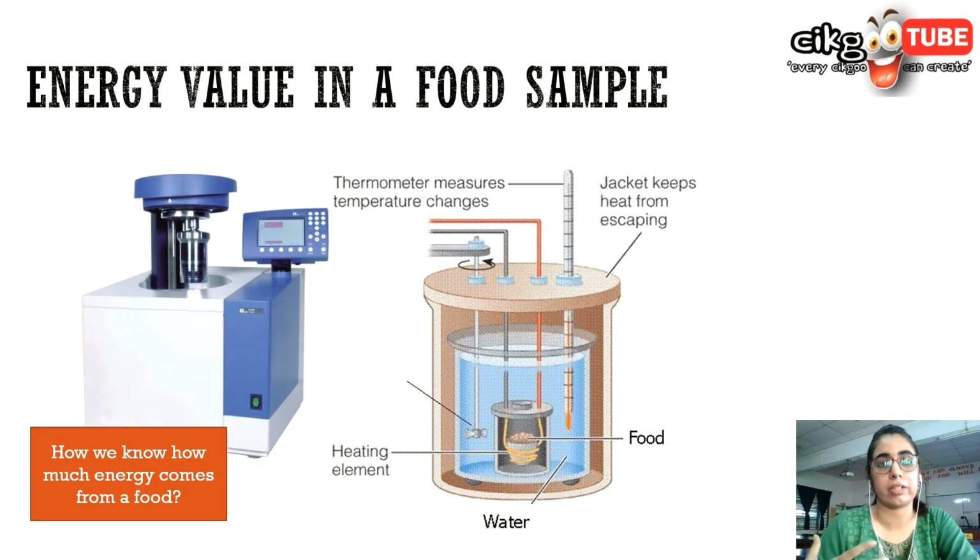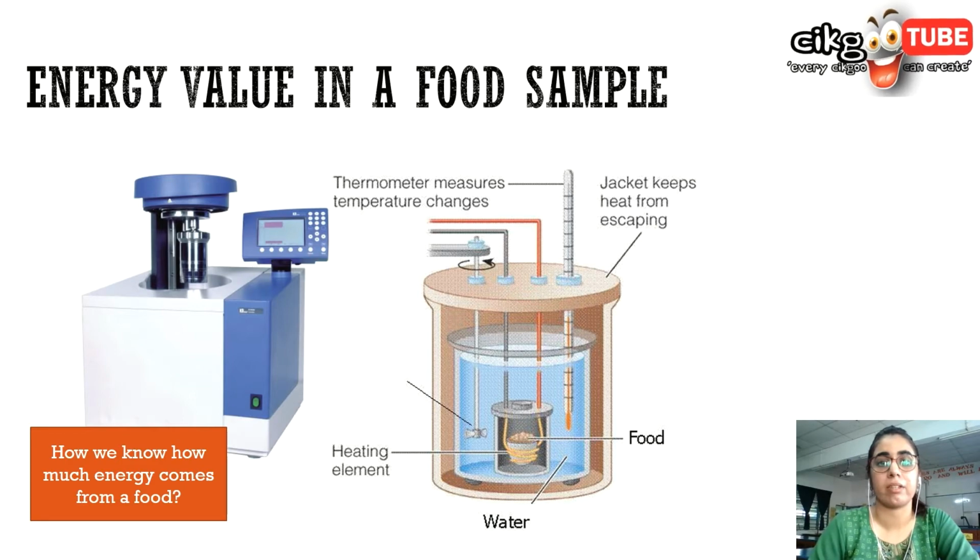The human body requires energy to carry out physical activities and maintain important body functions. The food energy content can be determined by burning the food in a bomb calorimeter in the presence of oxygen. So this is the bomb calorimeter.